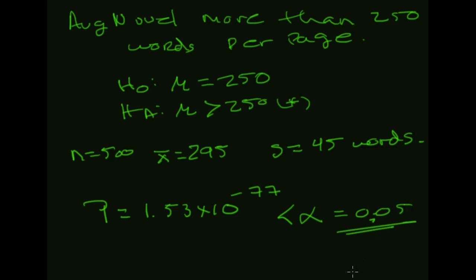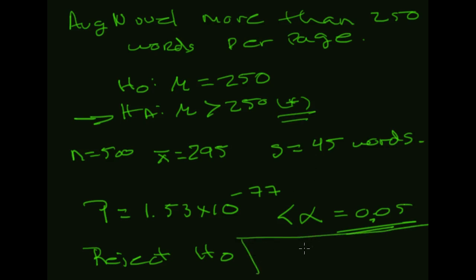We're going to use a 5% significance level. So this means I should reject categorically the null hypothesis. So I reject the null, which means that I have favored the alternative hypothesis, which is, remember, representing my claim.